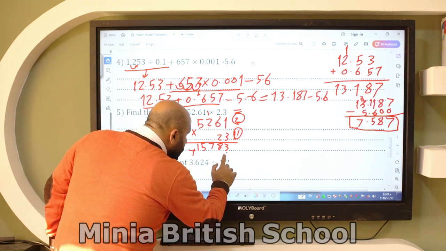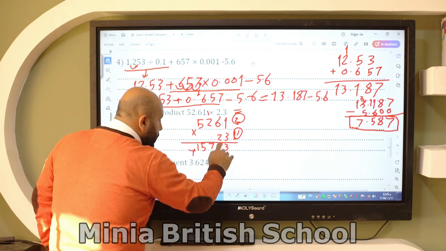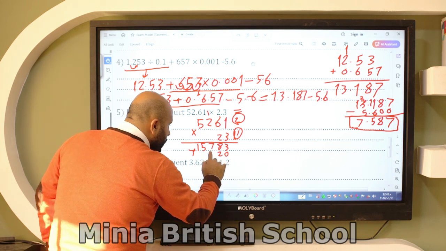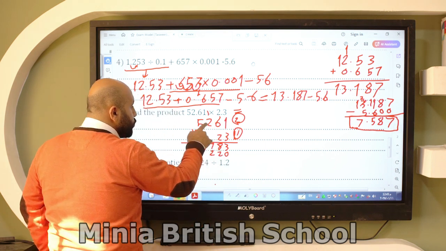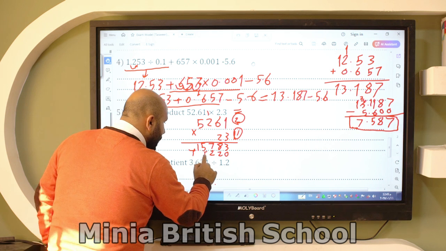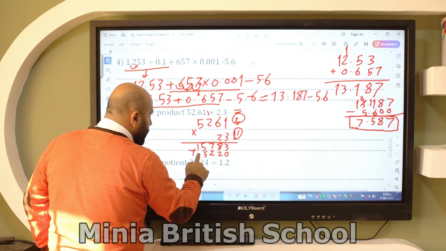Don't forget to put the 0 when you times it by 2. 2 times 1 equals 2. 2 times 6 equals 12. 2, carry up 1. 2 times 2 equals 4 plus 1 equals 5. And finally 2 times 5 equals 10.